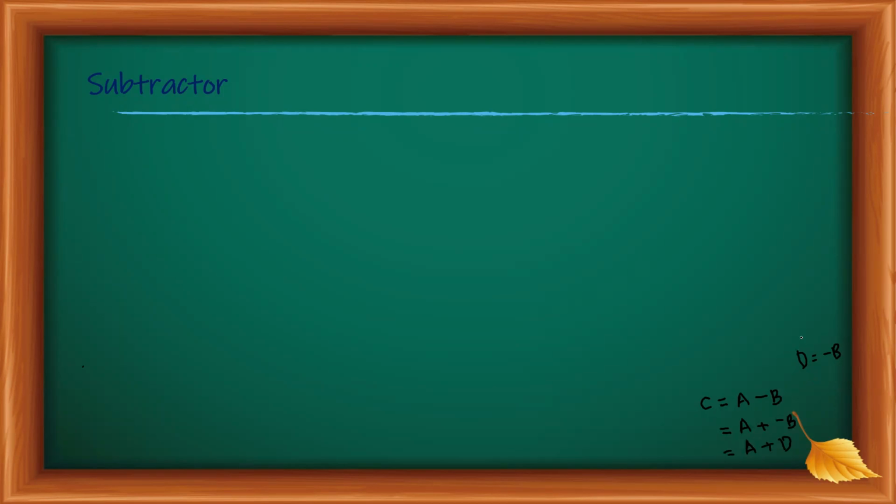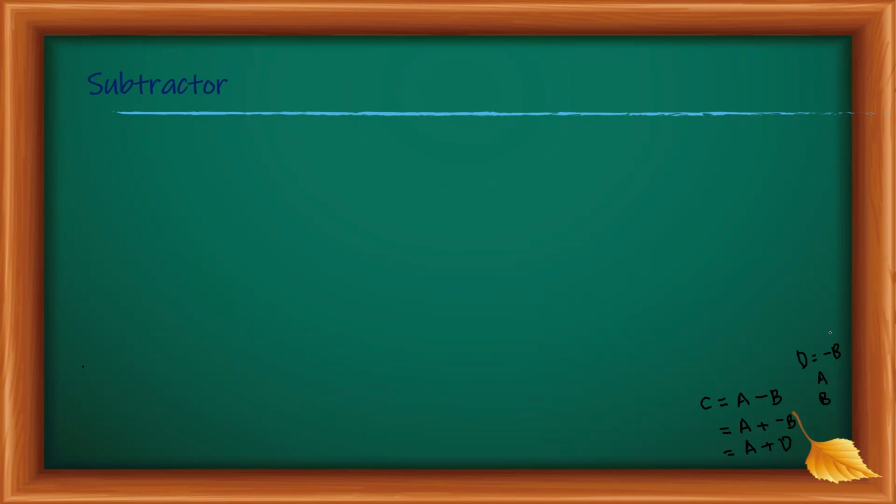And to obtain this, we must invert the B. We have 2 inputs A and B, but we have to obtain A minus B. So we must use a summing amplifier and an inverting amplifier with unit gain.